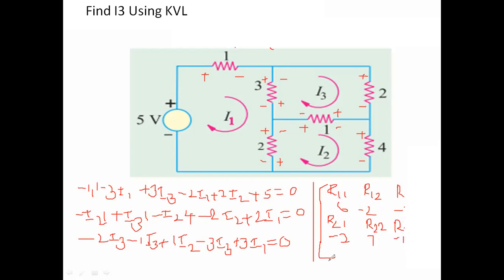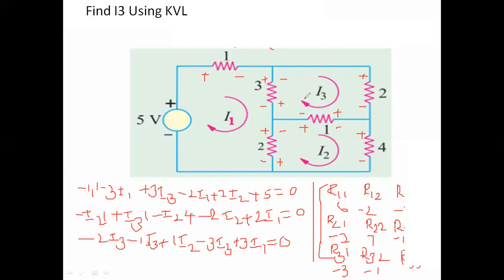Similarly, for the third loop, it is R31, R32, R33. R31 is this one, 3, so minus 3. R32 is this one, minus 1.